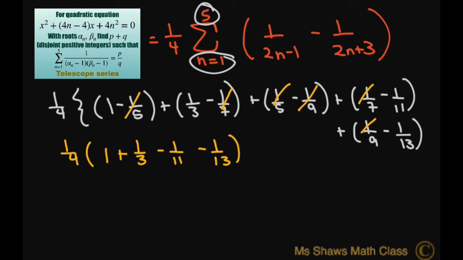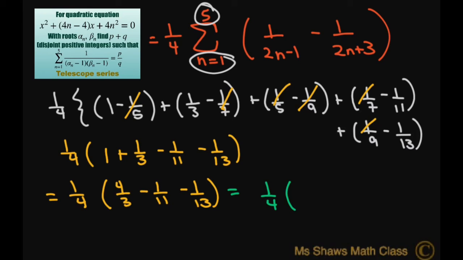All right. Now this is going to equal 1/4 times 4/3 minus 1/11 minus 1/13. All right, let's see. Your common denominator is going to be 3 times 11 times 13. So basically you'll just get 4 times 11 times 13 minus 3 times 13 minus 3 times 11.